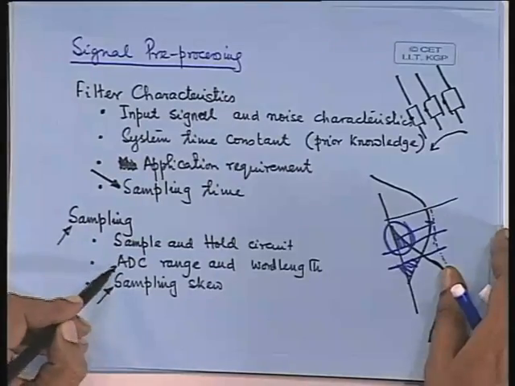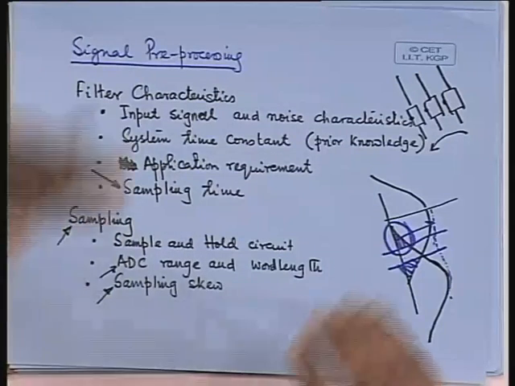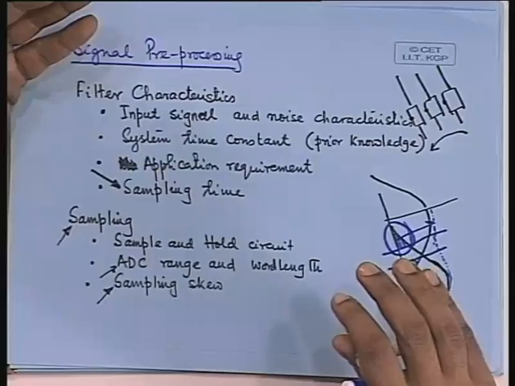Similarly, ADC range and word length. Remember that if you are using an 8-bit AD converter, then you are already introducing quantization noise just by the quantization process. So you have to decide whether you can tolerate that noise and what kind of AD converters you can actually use. But some people make this mistake.